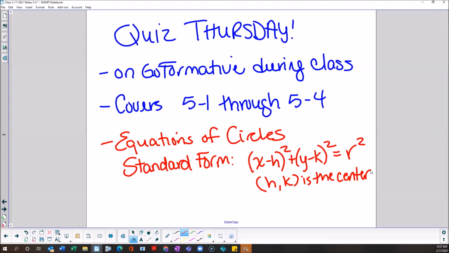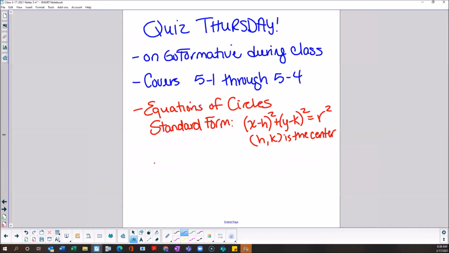All right? And then we have general form, and that's kind of the yucky one, right? All right, so what do you know about general form? You guys have it on your notes here. What order does it go in? Okay, yeah, so it goes in the order of x, then y, but it goes in descending exponent order. So what does that mean, Andrew? Descending exponent order.